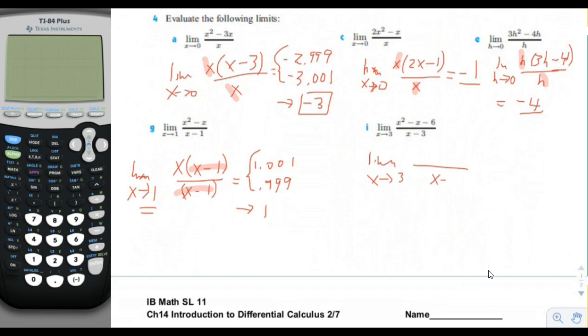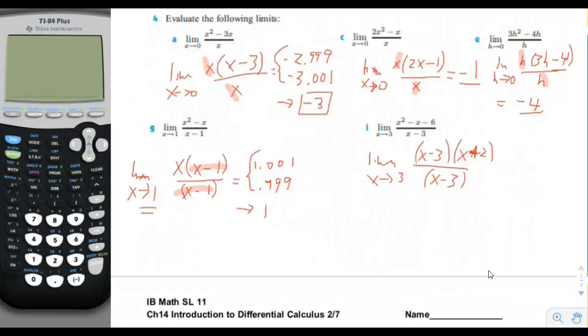Because the bottom is x minus 3. Okay, so we'll factor out x minus 3. It's going to be something like plus 2, I think. Plus 2. So let's check if that's right. Negative 3 times plus 2 is negative 6. Yes. Negative 3x plus 2x is negative x. Yes. So that's the correct factoring.